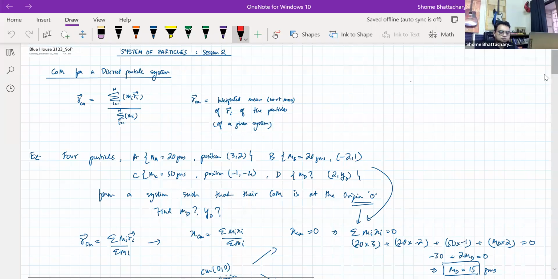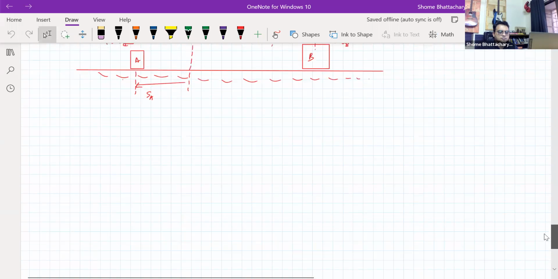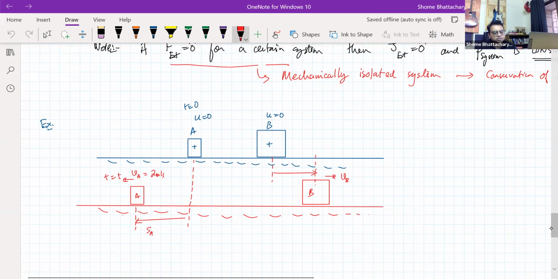Just a minute, I'll reshare the file. Okay, so at time t, this is what has happened. The object B has made a displacement of 1 meter in this direction. A has made some unknown displacement, but A's velocity has become 2 in this direction. B's velocity is unknown. A's displacement is unknown.